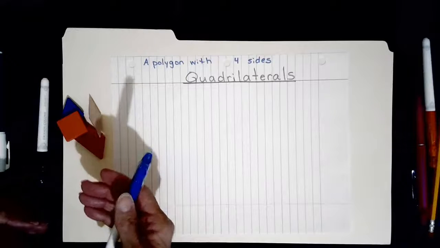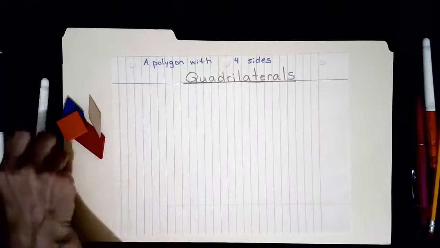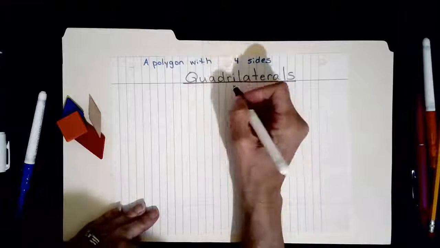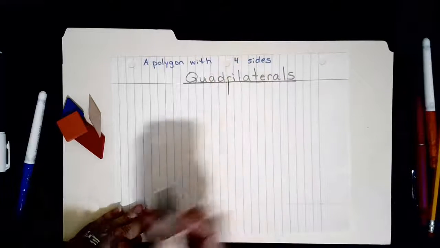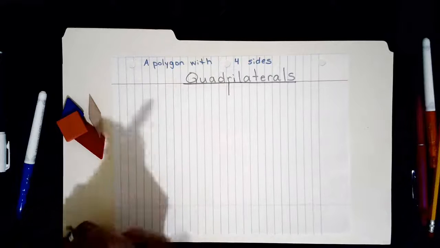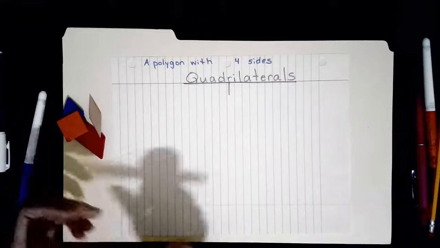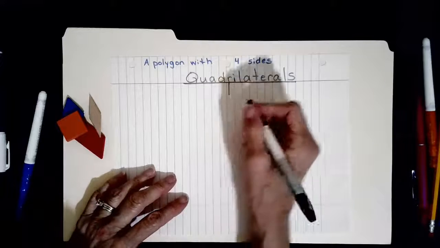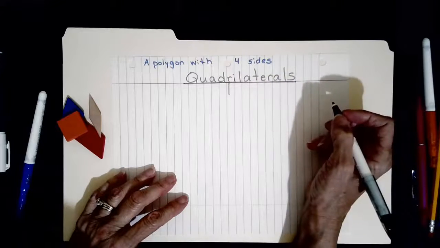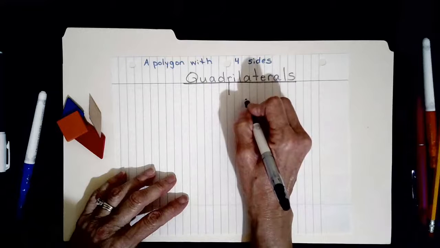Well, the first thing I wanted to talk about, and we're going to start with the center line, right about underneath the hole in the center, is a group that's called parallelograms. All right, so over here we're going to write parallelograms.